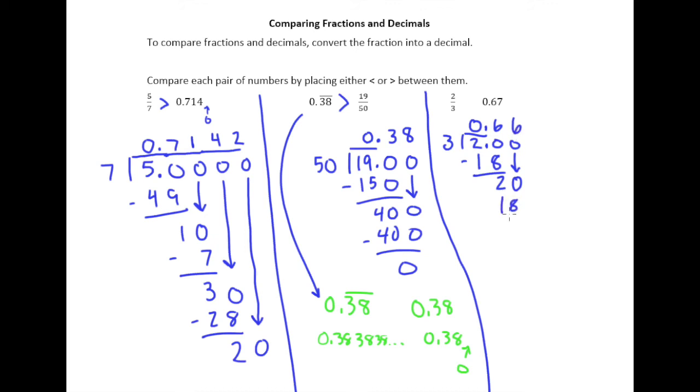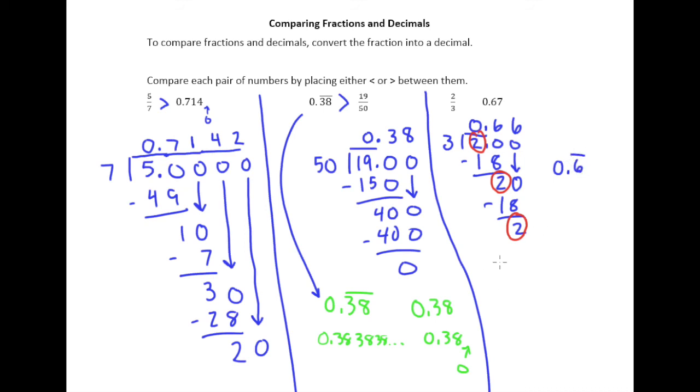I just continue to get a remainder of 2 each time, right? And so, 2, 2, 2. So this is the same digit repeating over and over. So this 2/3 is just 0.6 with a bar over it.